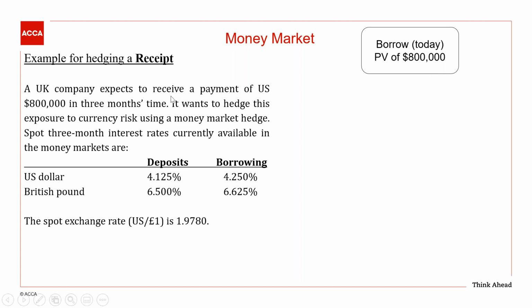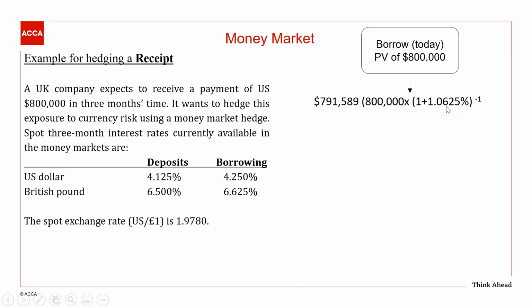So the first step in case of a receipt, in the payment case, it will be otherwise. It will be the deposit. But in case of a receipt of a foreign currency, the company has to borrow the present value of the amount that it is going to receive. It is 800,000 in this case. So let's say it borrows the present value of this 800,000. And how do we calculate the present value of $800,000? $800,000 into 1 plus R.